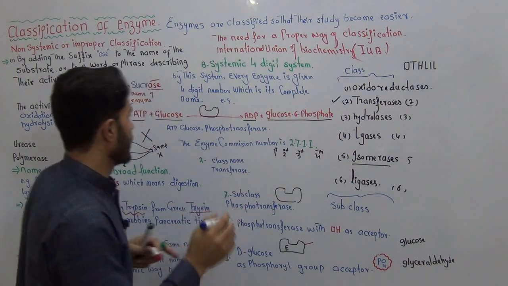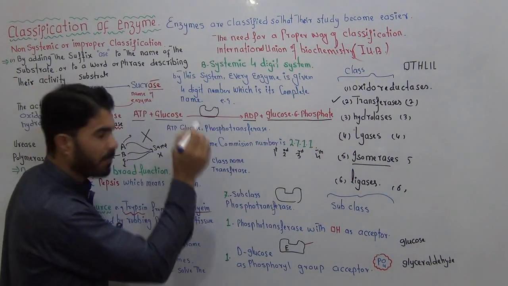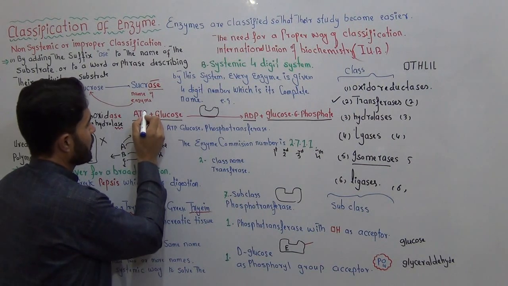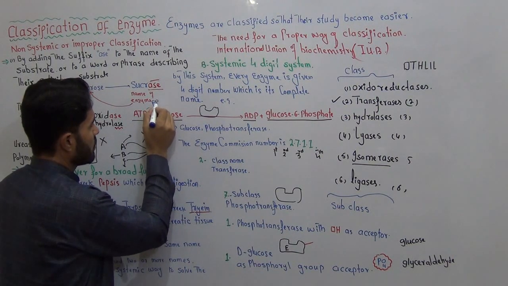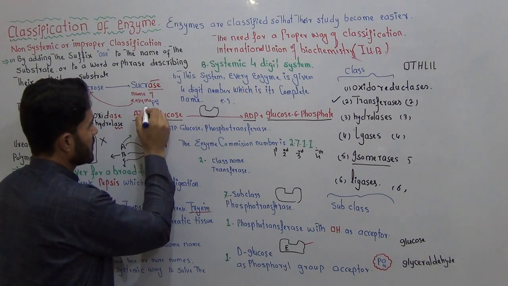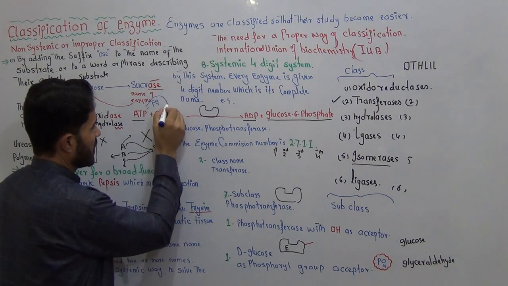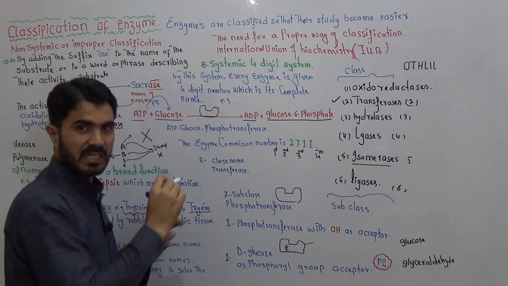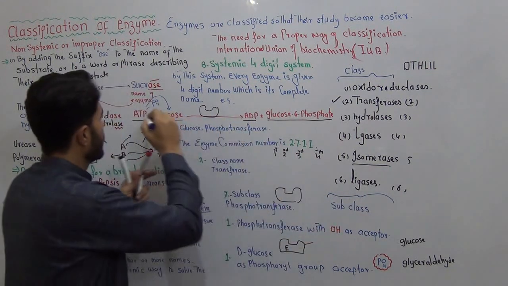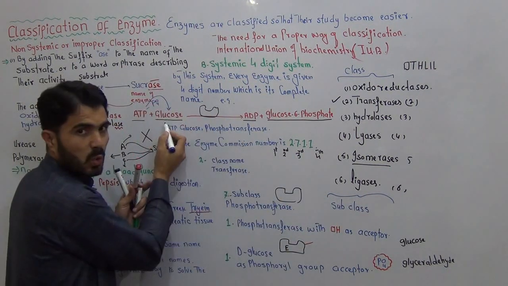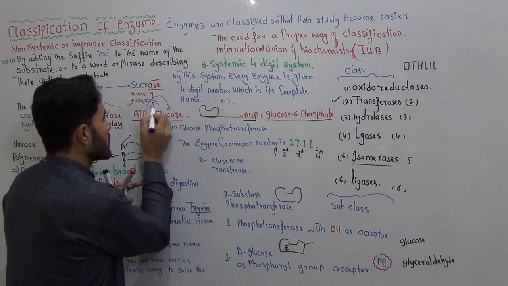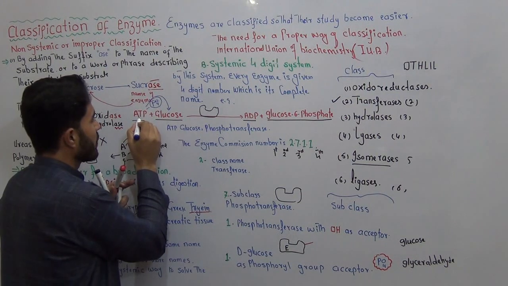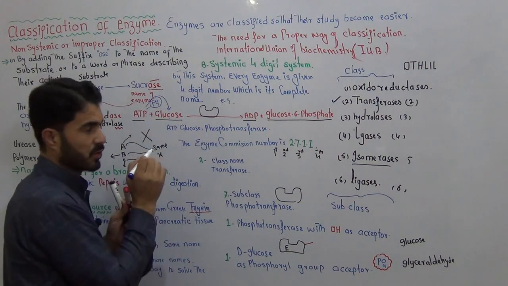If you notice here, what is happening in reality is that 1 phosphate is transferring from the ATP to the glucose. And what is that group? This is the phosphate group, going from ATP towards the glucose.